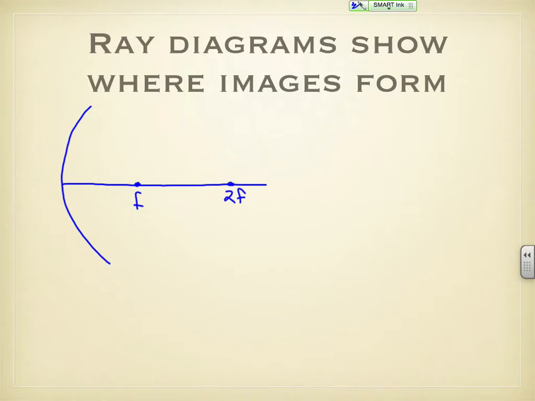So if we start off like this and I make an arrow, this arrow is going to be my object, so I'll call it O. And we want to know where the image is going to form.